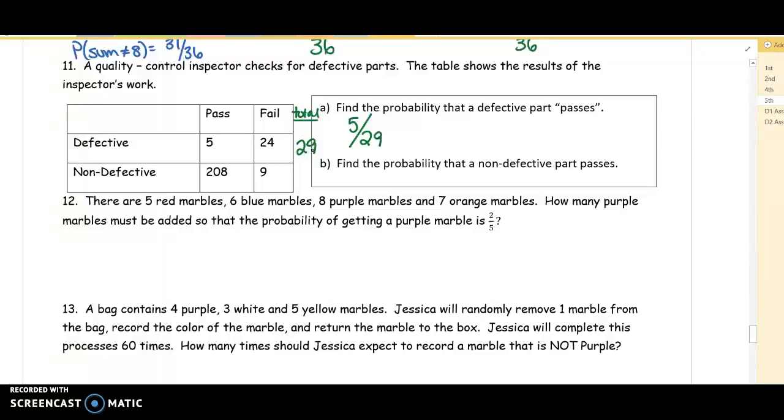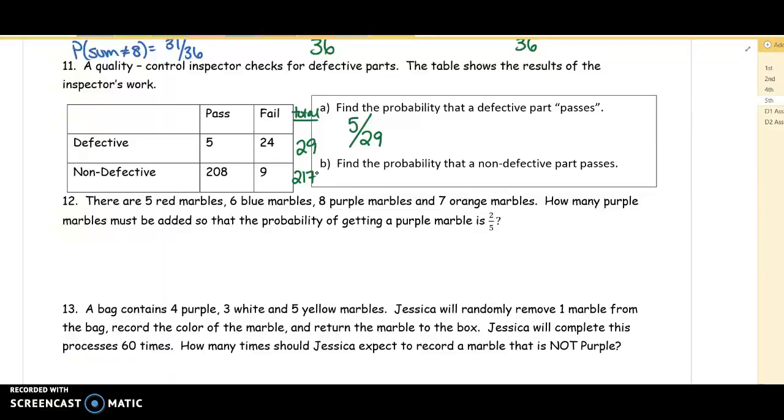And how many non-defective total? Non-defective, 208 and 9. 217. Okay, so find the probability that a non-defective part passes.